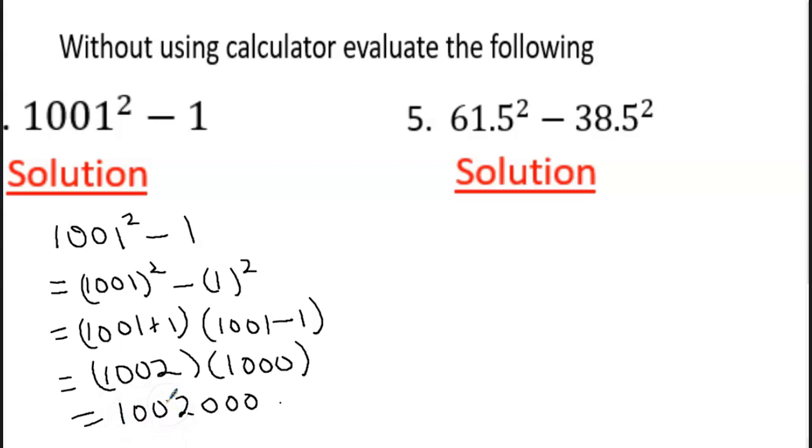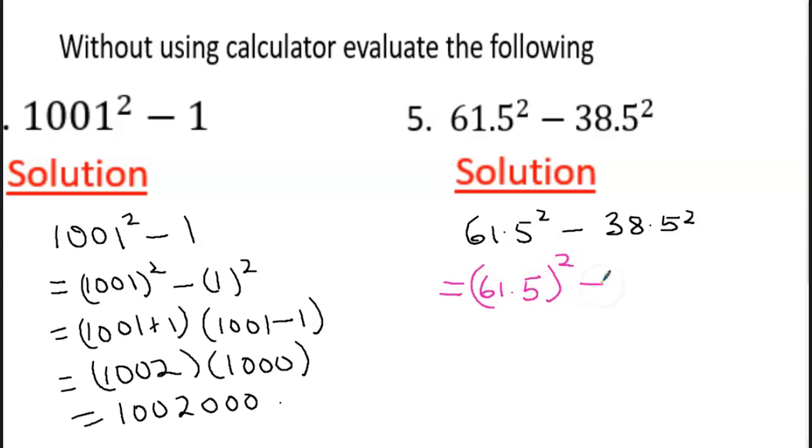When you are asked without using calculator, this is how you do it. Pause the video and then look at the second question. Try it. Now question 5. 61.5 squared minus 38.5 squared. So you can write it as 61.5 all squared minus 38.5 all squared.